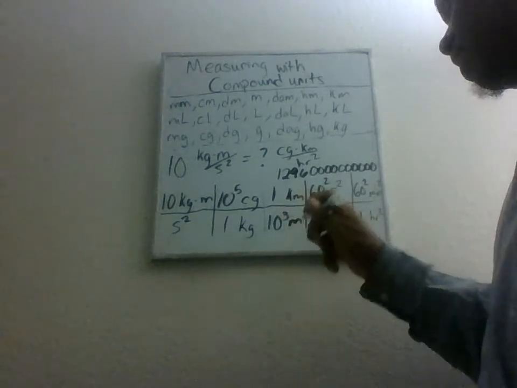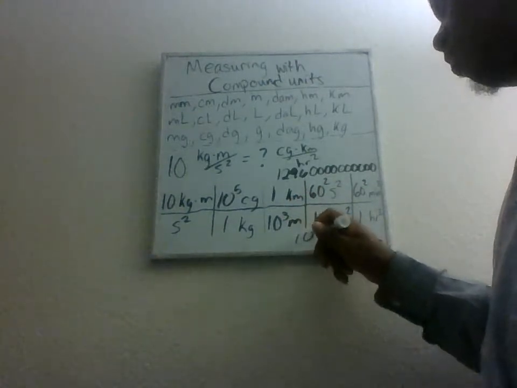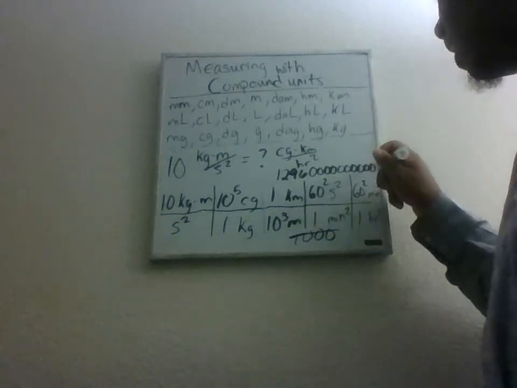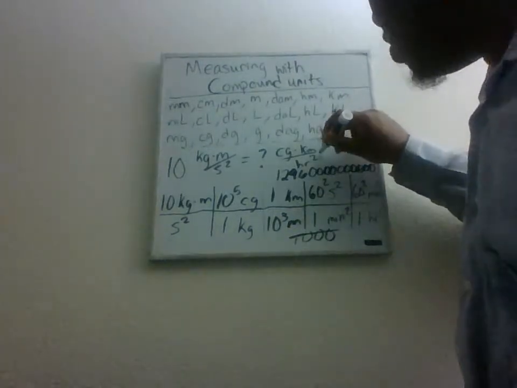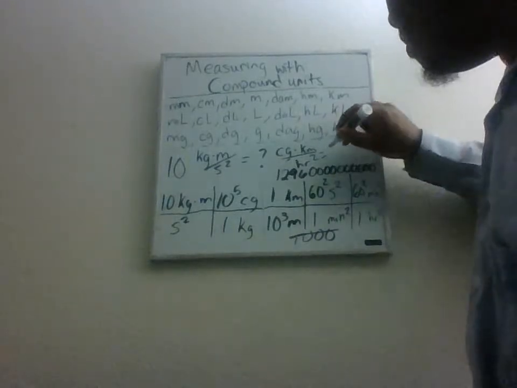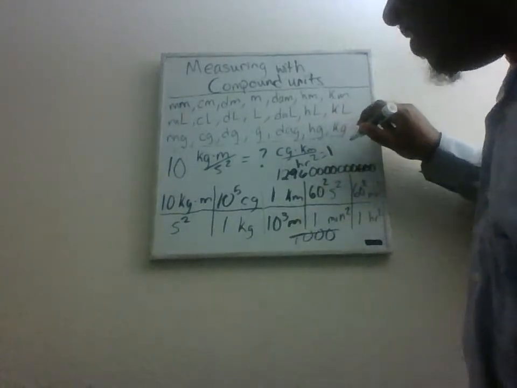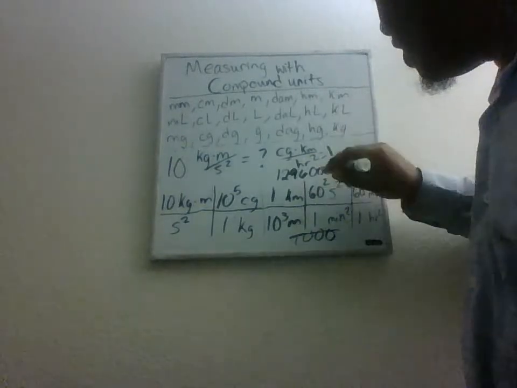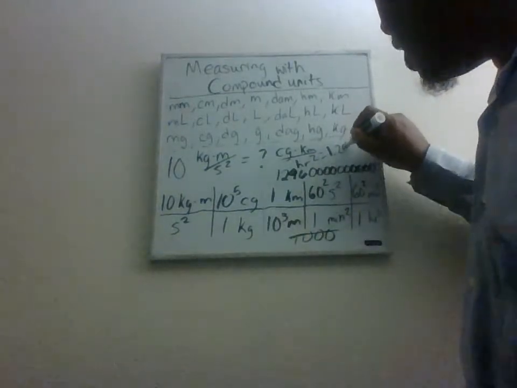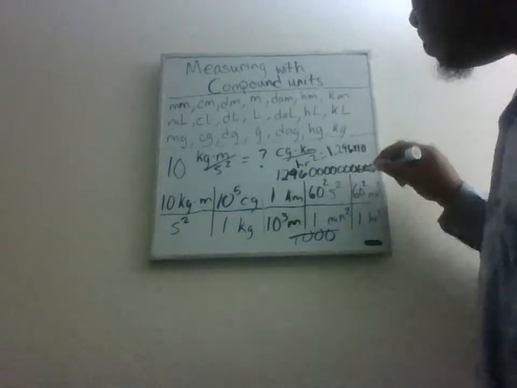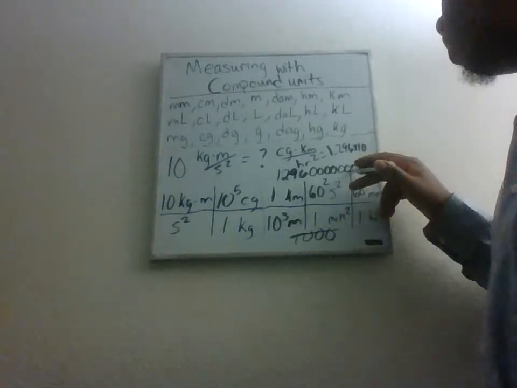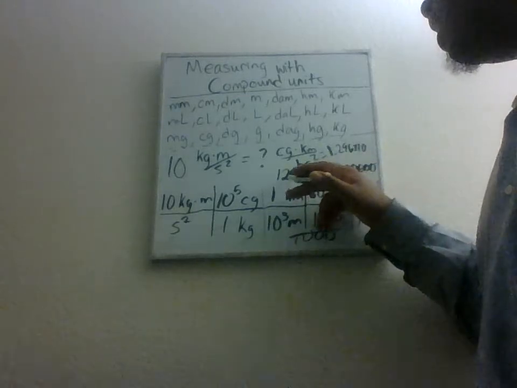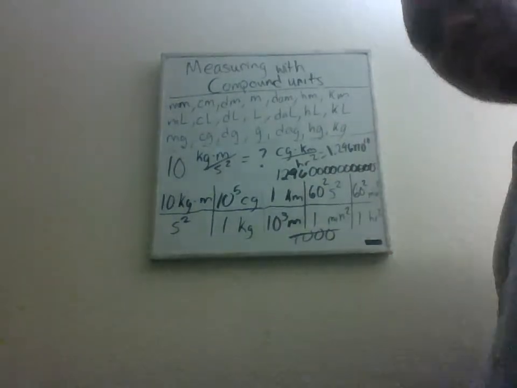In the denominator here, I'm going to divide by 1,000. 3 zeros following. So what I can do is get rid of 3 zeros. And so my answer will be a really huge number, which is fine. I get 1.296 times 10 to the 1, 2, 3, 4, 5, 6, 7, 8, 9, 10th power.